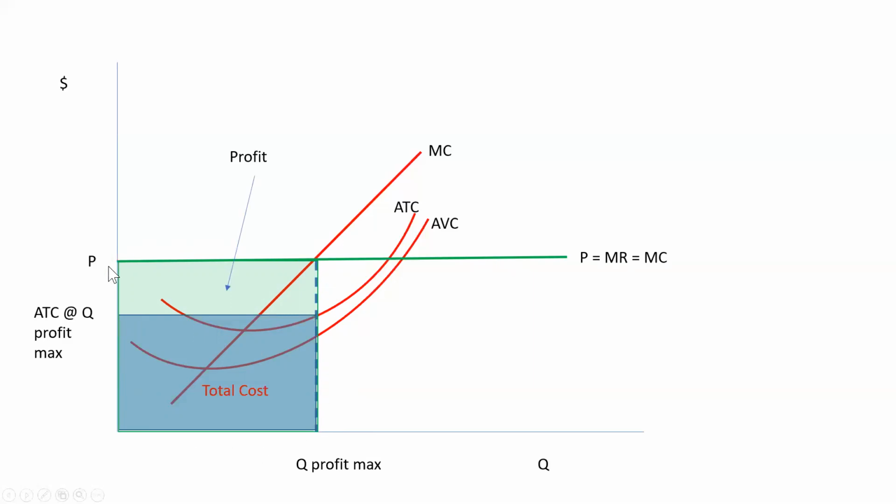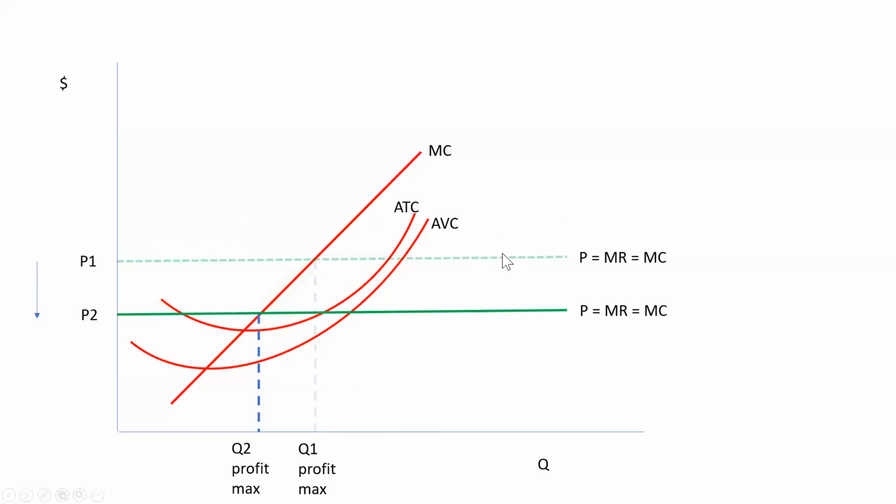The green area is still the same total revenue, and the blue area now is the total cost. You can see the total cost rectangle is smaller than the green total revenue rectangle. And so what's left over, the area that's not covered by the total cost, is the firm's profit.